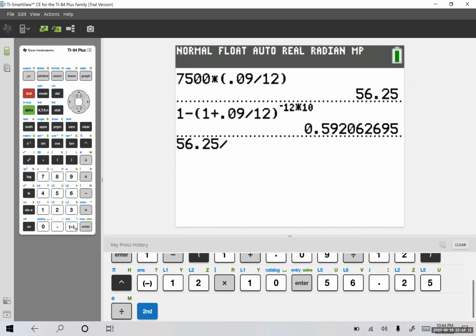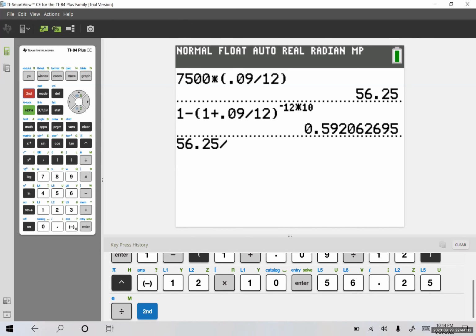So that means that every month, and remember what we found is our monthly payment, would be $95.01. Okay. So that's how much our monthly payment would be.